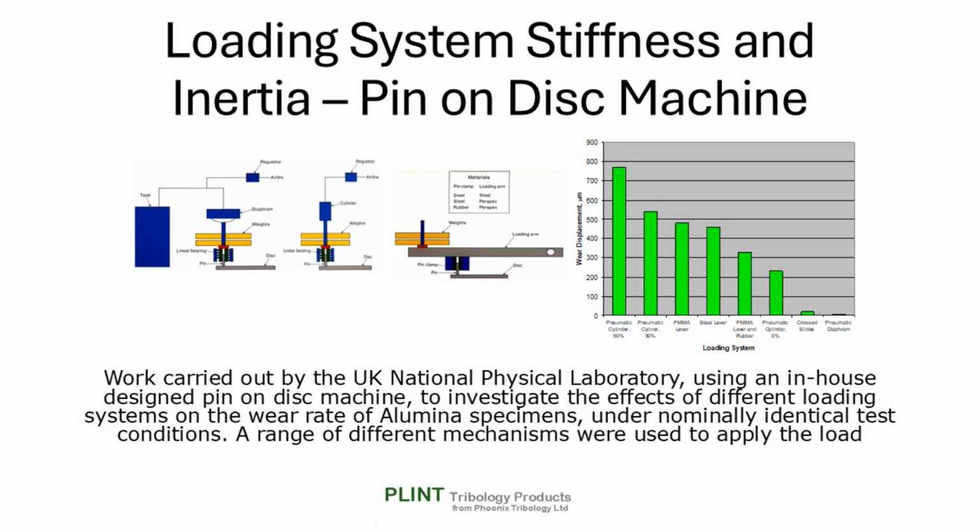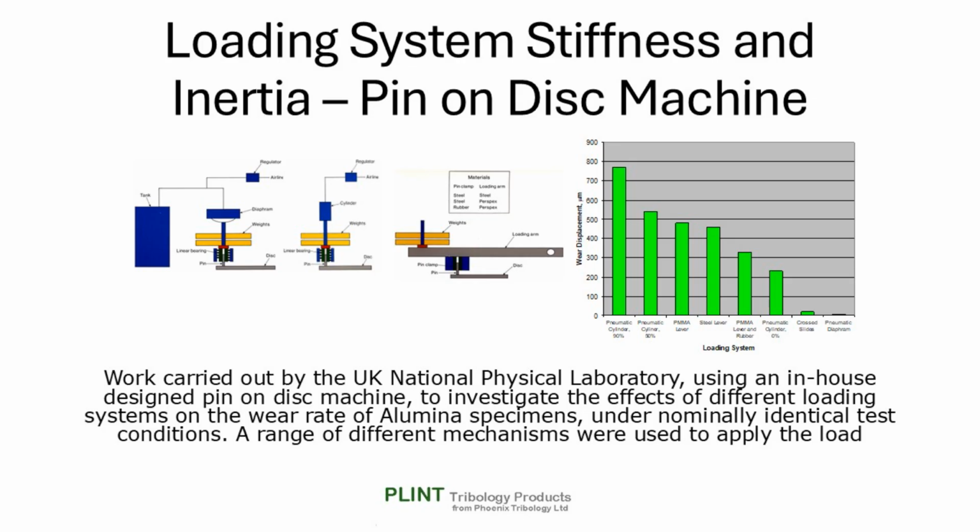We know that regardless of the tests we wish to perform and the configuration of machine we have chosen, mass, stiffness, and method of load application all have significant influence on the results produced by a given design of test machine. How significant are these effects?